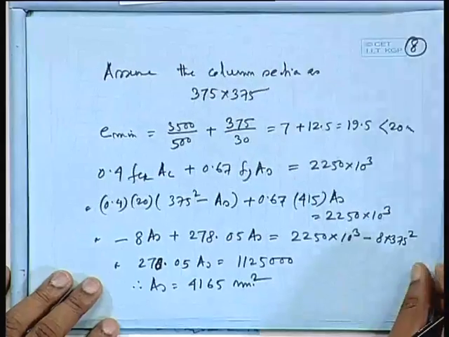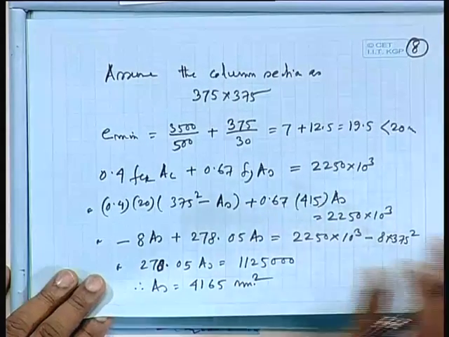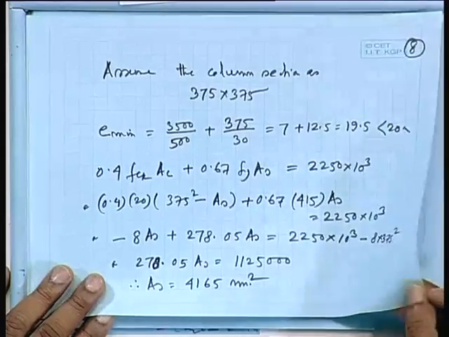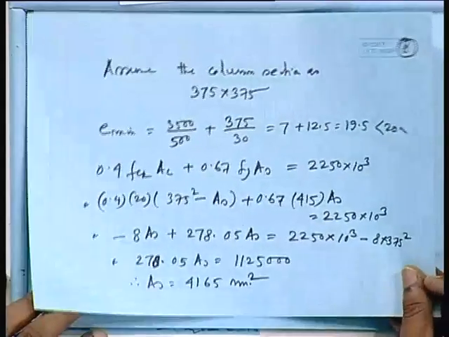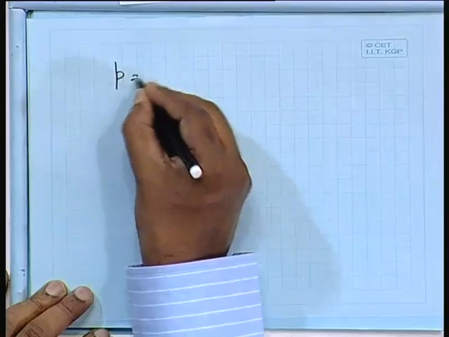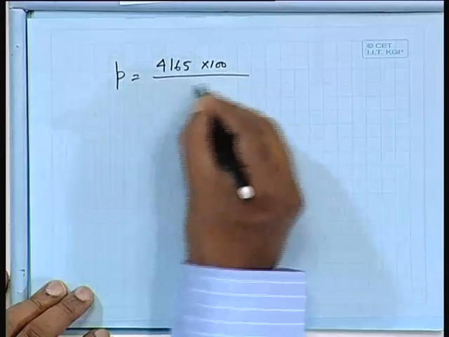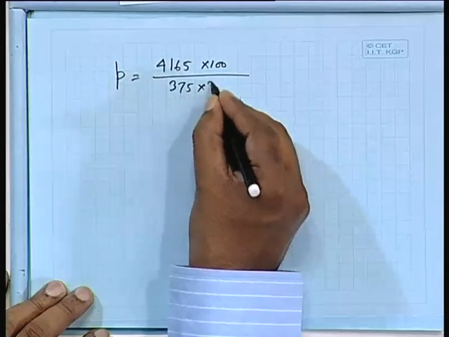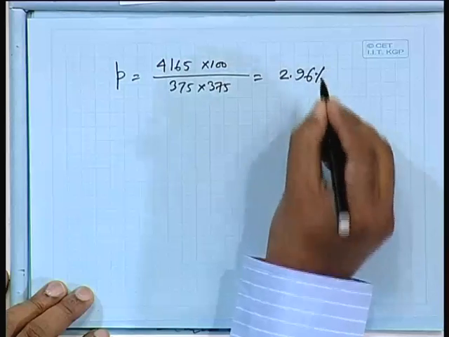So, the area of steel we have got is 4165 square millimeter for the 375 by 375 section. What about the percentage of steel? We can find out the percentage of steel. p equal to 4165 into 100 by 375 into 375, equal to 2.96%.